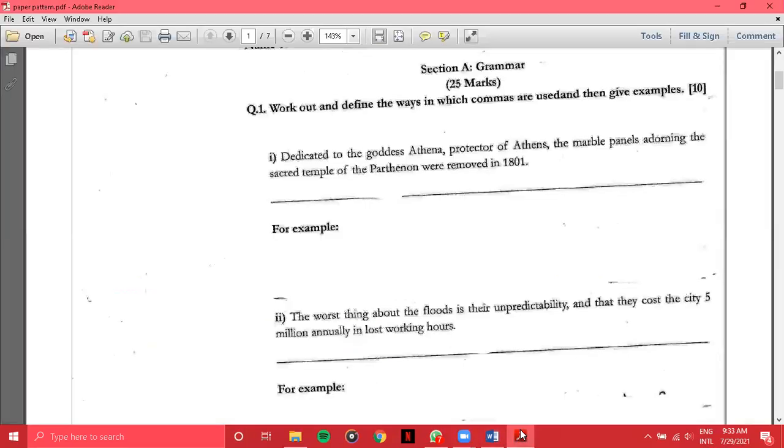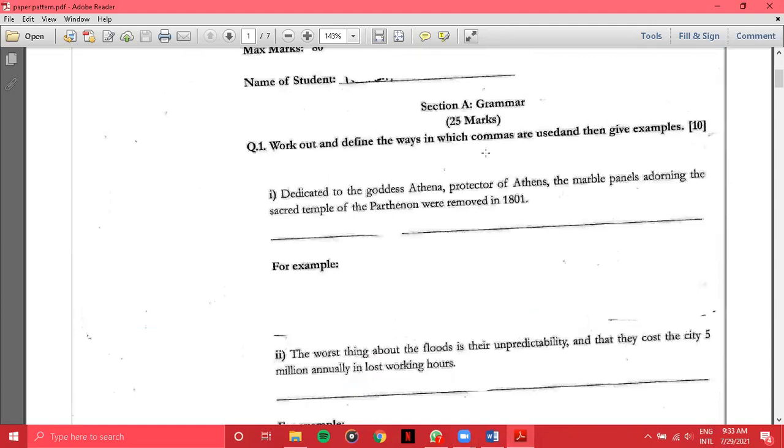Now, for example, if you look back to your exam, the very first question here: dedicated to the goddess Athena, protector of Athens. The marble panels adorning the sacred temple of Parthenon were removed in 1801. Now, what kind of comma is being used here? The comma is used to make a phrase in apposition.